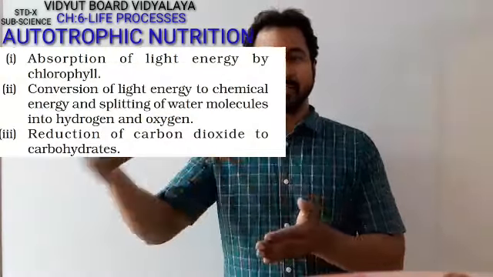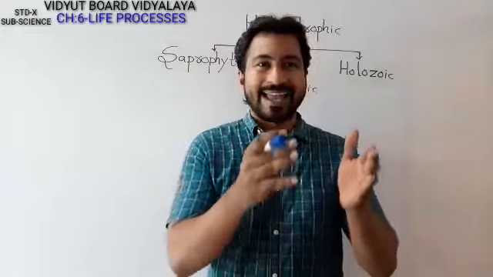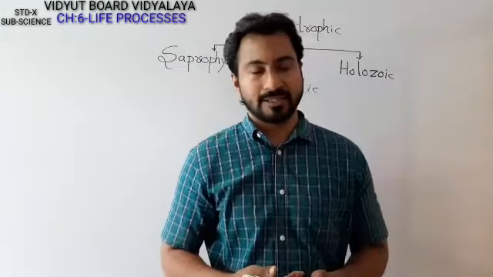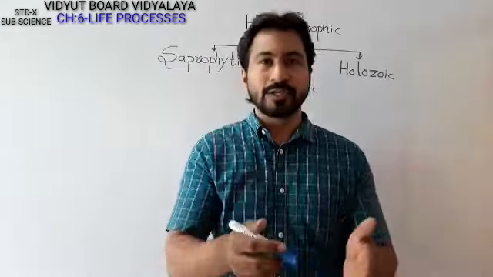When talking about the heterotrophic mode of nutrition, hetero means the different parts. So here basically the organisms will not be preparing their own food. They will be depending on others for the purpose of nutrition.